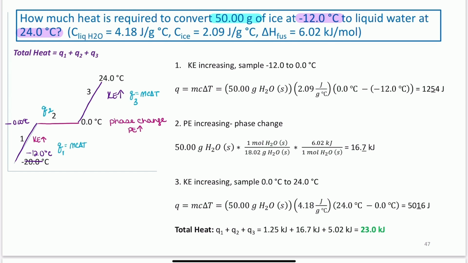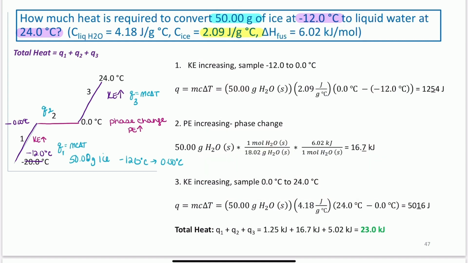Q1 is heating up 50 grams of ice from negative 12 degrees C to 0 degrees C, because I have to undergo a phase change at 0 degrees C. The specific heat of ice is 2.09 joules per gram degree C.